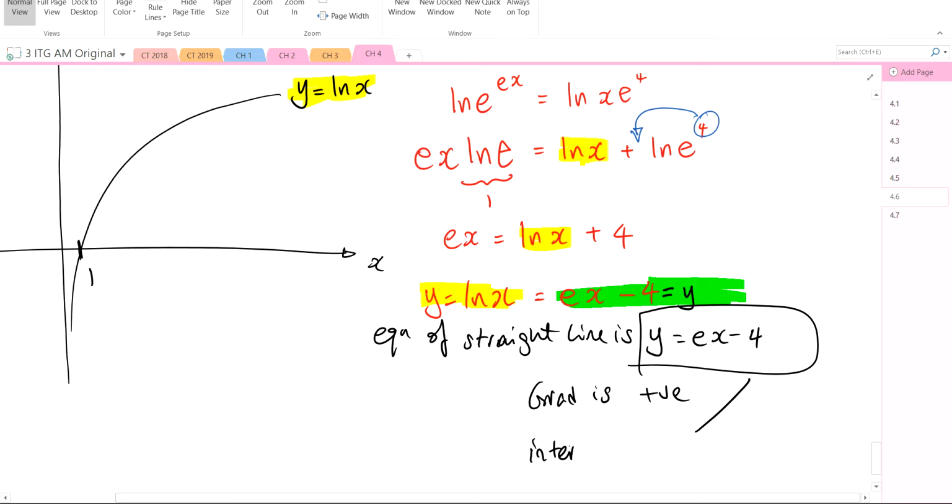The y-intercept equals negative 4. So it must start from here, negative 4. It must go upwards, a straight line up.